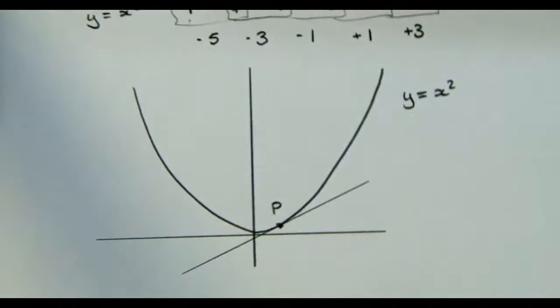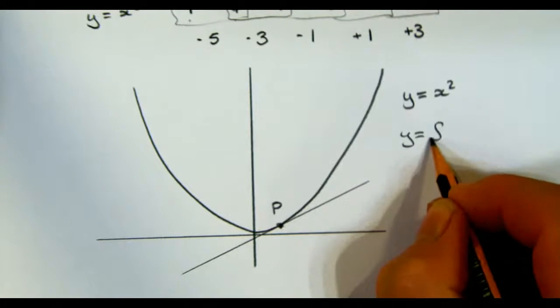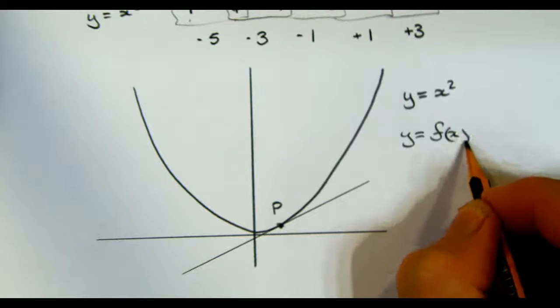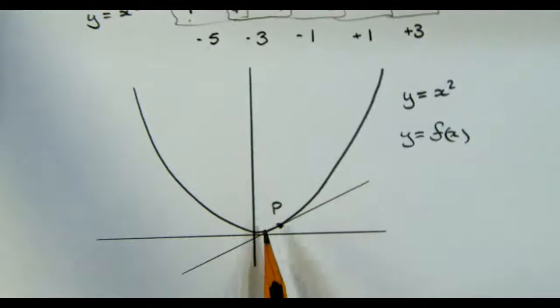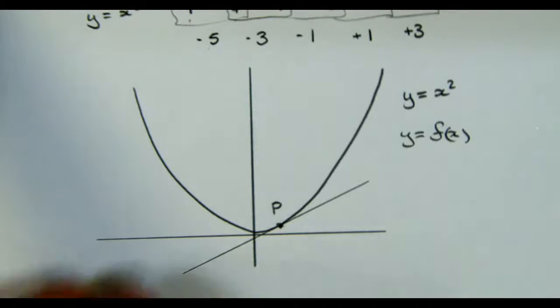So the gradient of a curve of any function, y equals f of x, at a given point is defined as the gradient of the tangent at that point. Now we can use this definition to calculate the gradient at any point. So let's consider what's going to happen on this graph.